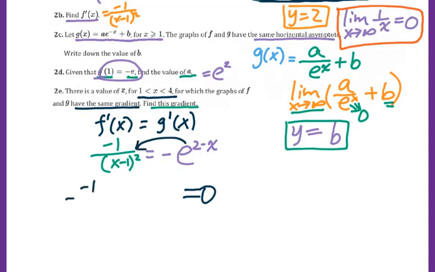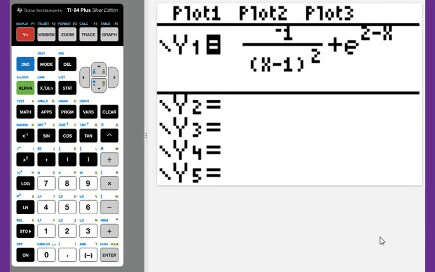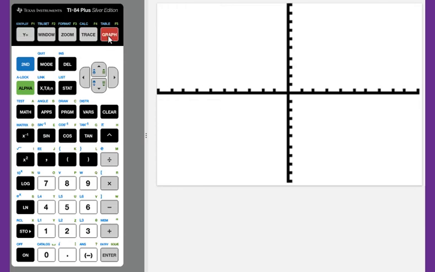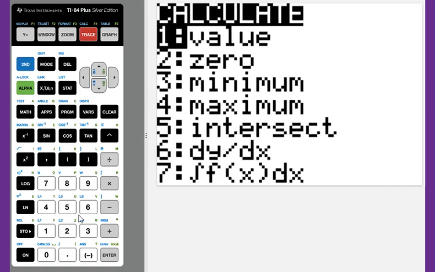You will get negative 1 over (x minus 1) squared plus e to the 2 minus x power. First of all, we put this equation into y1. You can go to graph, then second trace, get the zero.